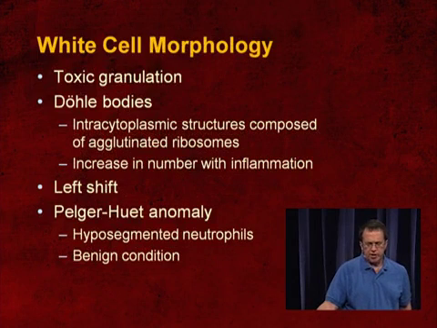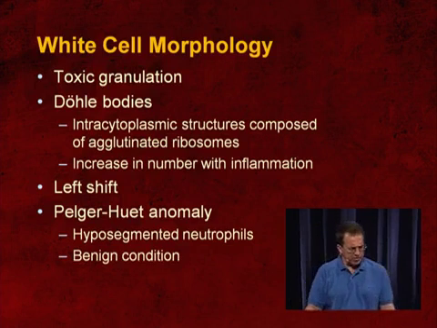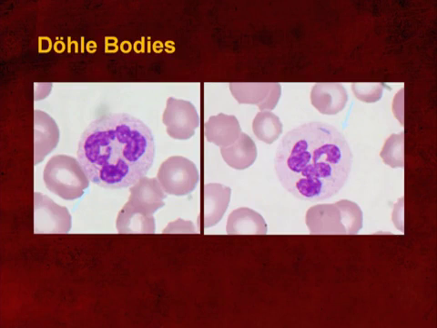You can see toxic granulation, Dohle bodies. You'll see a left shift, and the Pelger-Huet anomaly, like I said, is a hyposegmented neutrophil, and that is a benign condition. Toxic granulation, fighting an infection. Dohle bodies, the blue arrows.